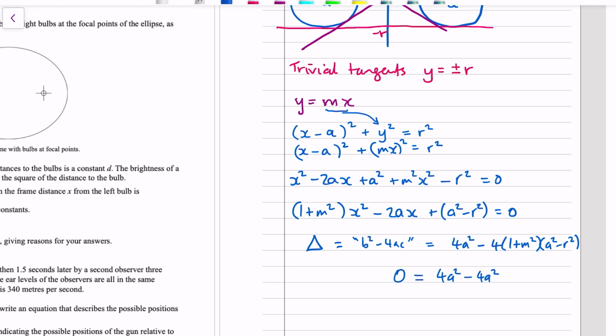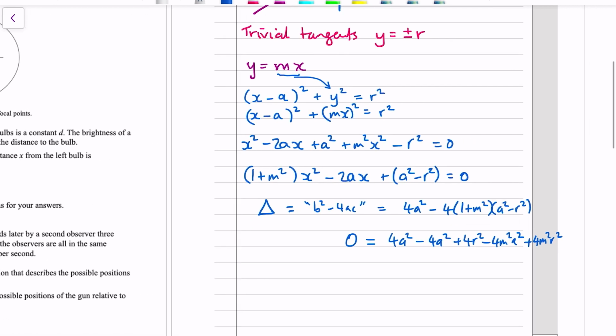We've got minus r squared times minus 4. We've got m squared a squared times minus 4. And we've got negative m squared r squared times minus 4. Okay, those disappear. We can divide everything by 4.